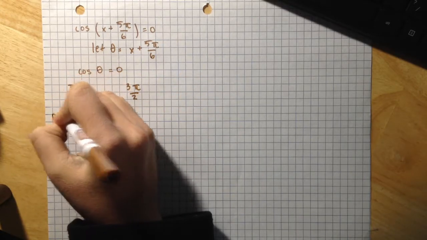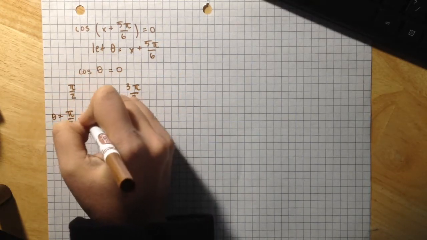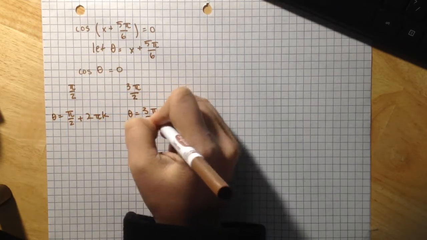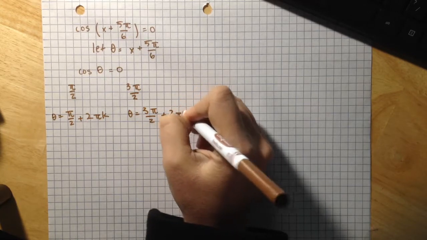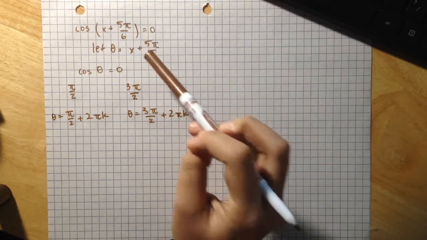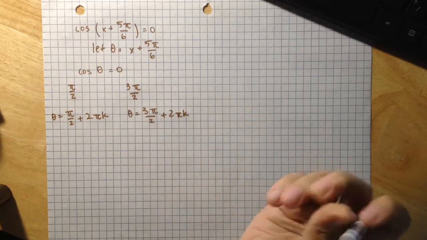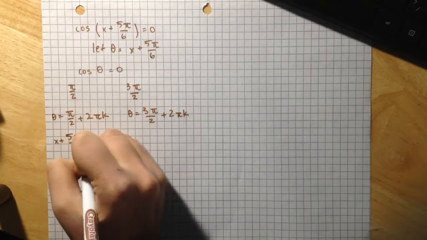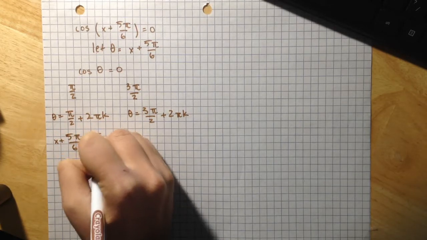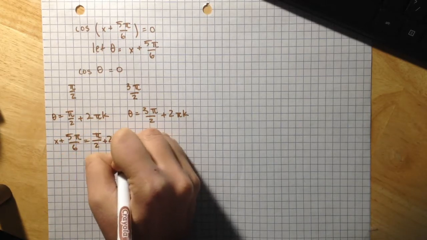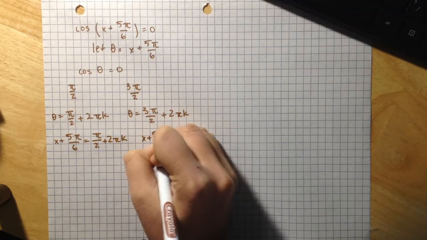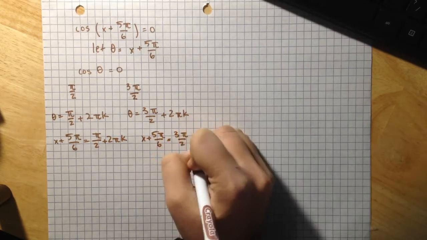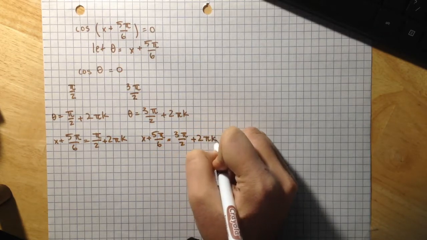So θ equals π/2 + 2πk, and θ equals 3π/2 + 2πk. Let's substitute x + 5π/6 back into the θ values. x + 5π/6 equals π/2 + 2πk, and x + 5π/6 equals 3π/2 + 2πk.